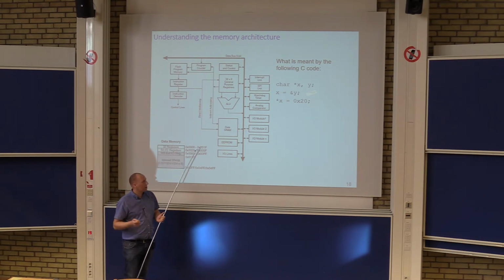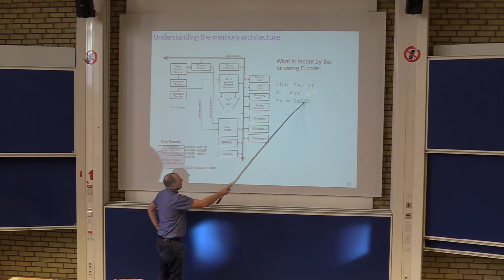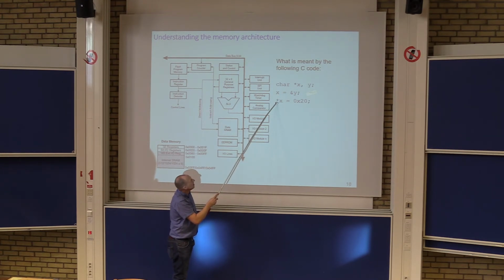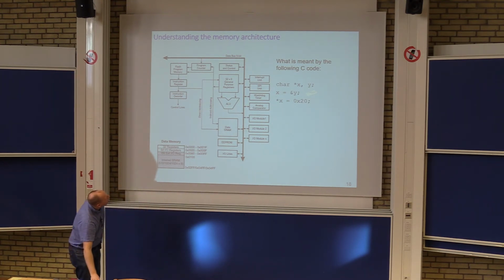Yeah. So it will now contain this value, because x contains the address of y, and now we will just go into this location that was pointed to by x and store the value.